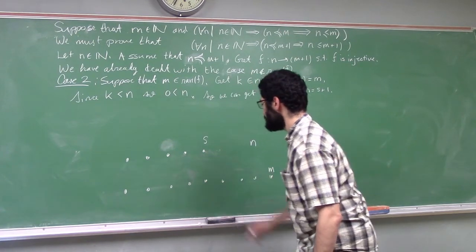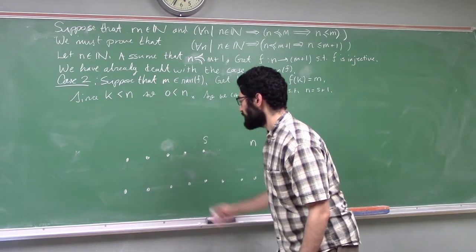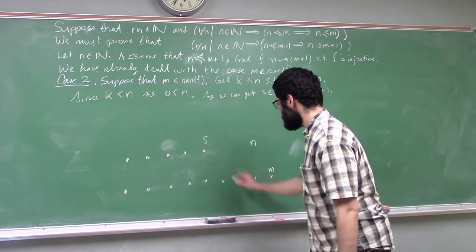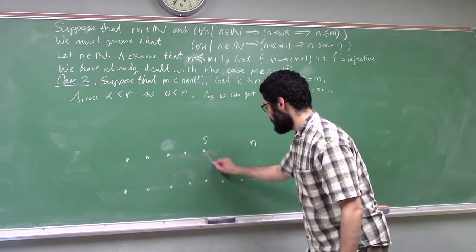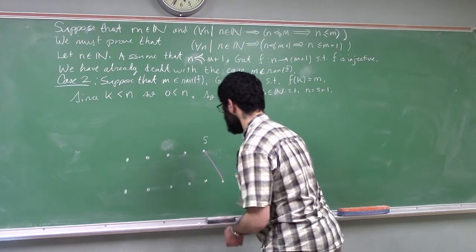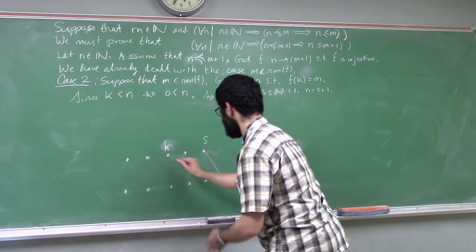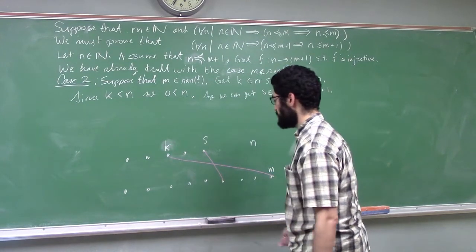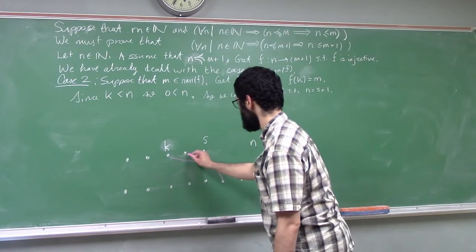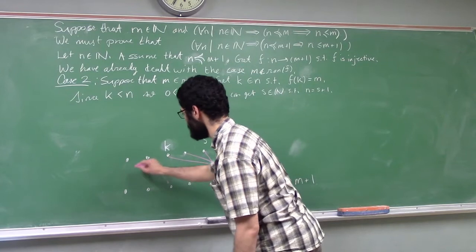Okay, let's go back to a more general picture, which is probably more what's going on, that s goes somewhere useless, and someone else goes to m. And whoever it is got called k. And who knows what the other things do? Maybe some random stuff.